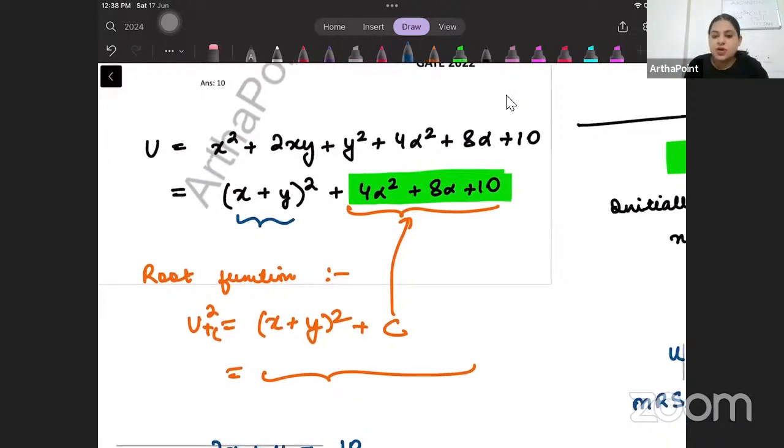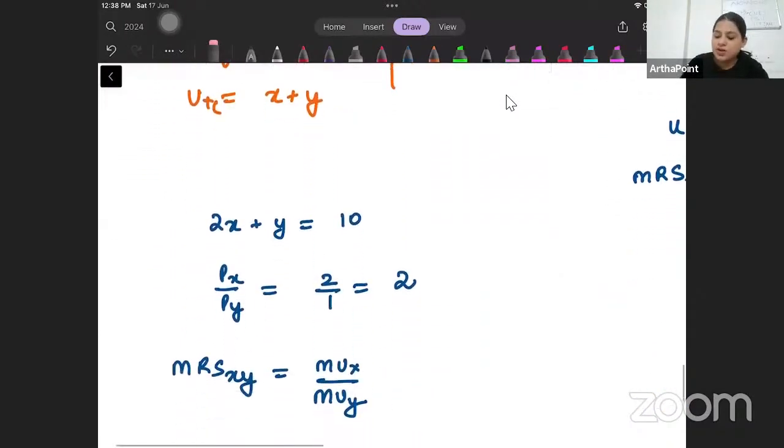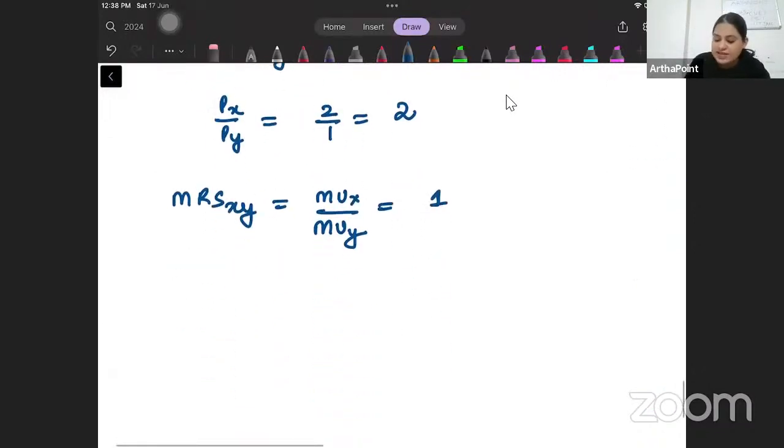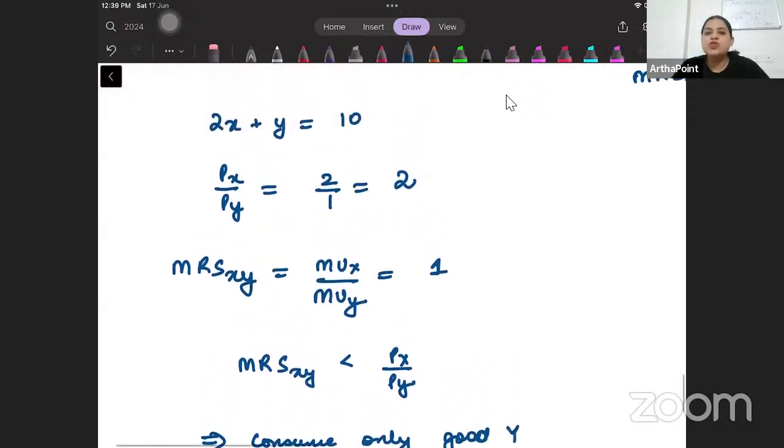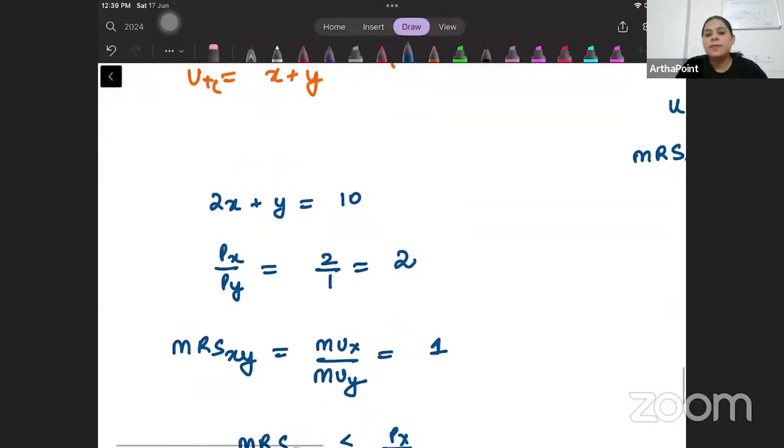So MRS is simply 1. I can see that MRS is less than px by py, which means you will consume only good Y. You will consume only good Y.